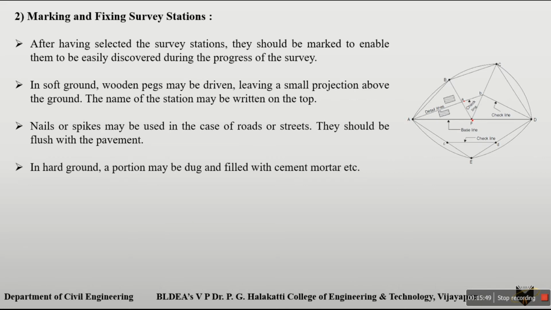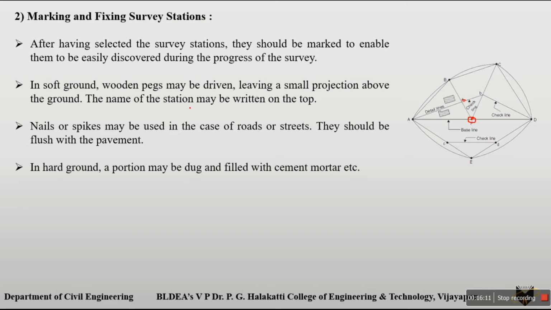It will form like this, that is A point, D point like that, and small a, B like that. These are the points you are considering for setting up the instrument, or for forming triangulation stations. This is the next step.